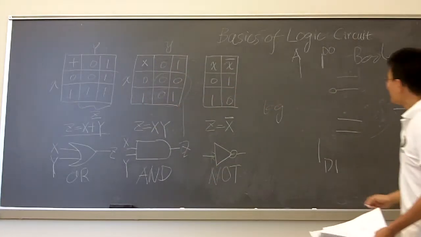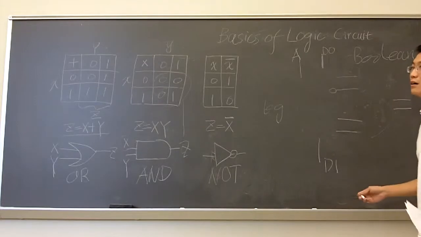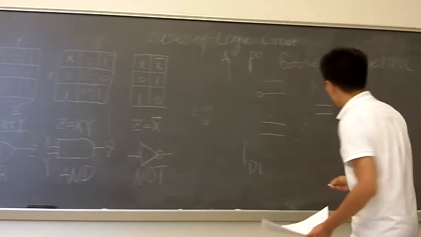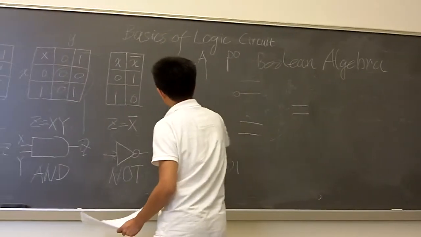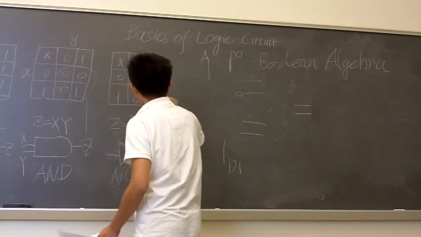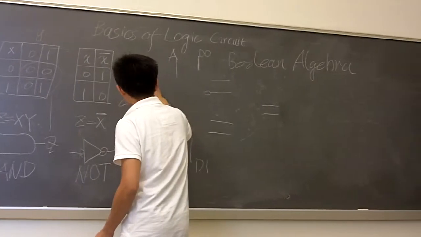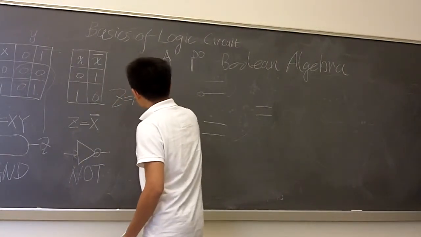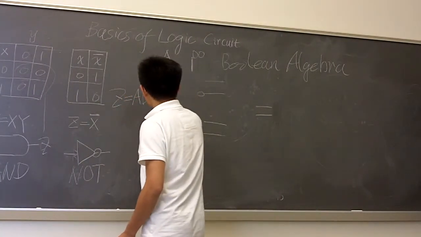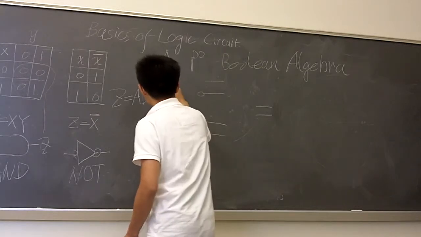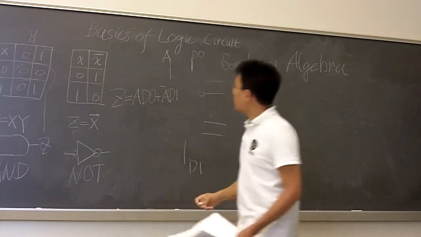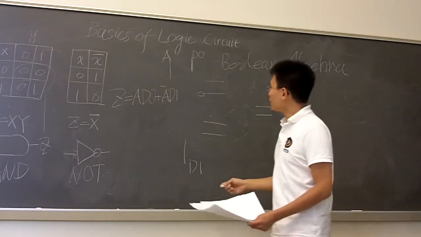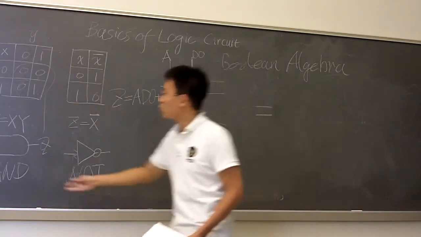Okay, now let's design our first logic circuit. Let's have z equals a times d0 plus a negation times d1. Can anybody tell me how many AND gates we need?